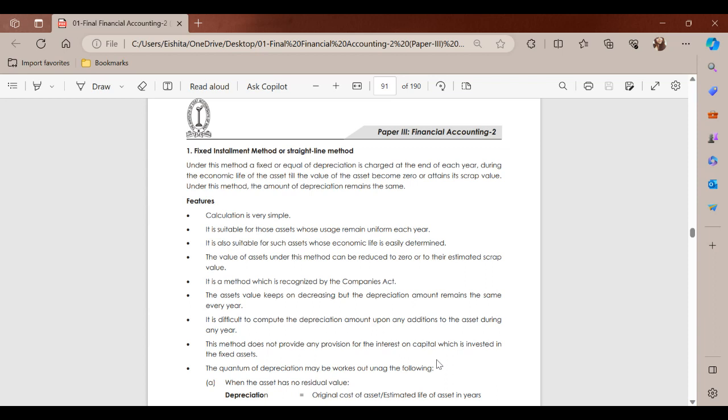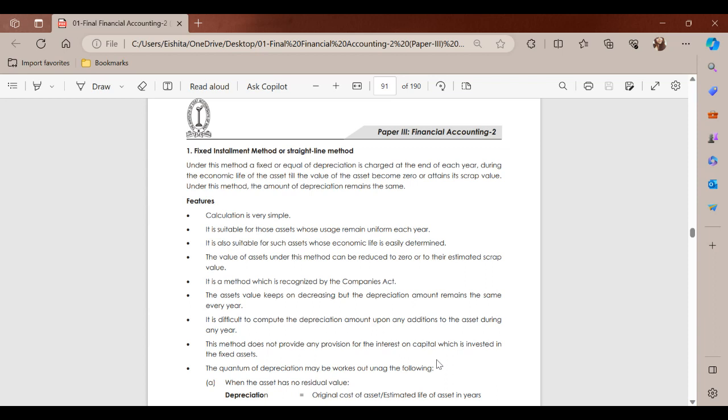It is suitable for those assets whose usage remains uniform every year. So it is suited for those assets whose usage is uniform throughout the year.